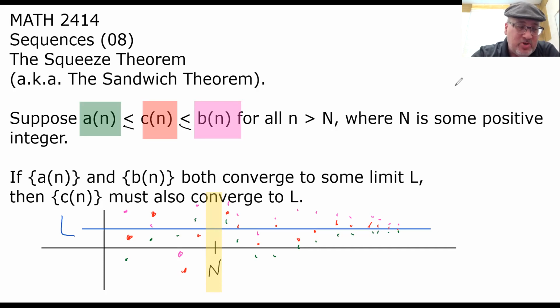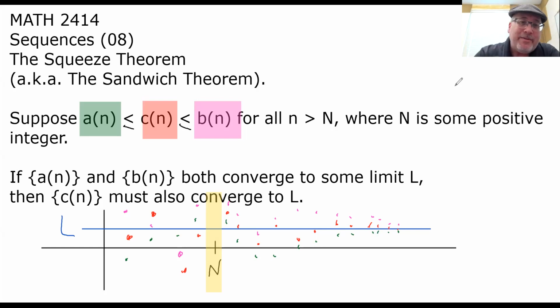That's all the sandwich theorem is saying. If you got a term of the sequence that you can sandwich between something that is always larger than it at a certain point and something that is always smaller than it at a certain point, and the two extremities converge to the same value, then the guy in the middle has to do the same.